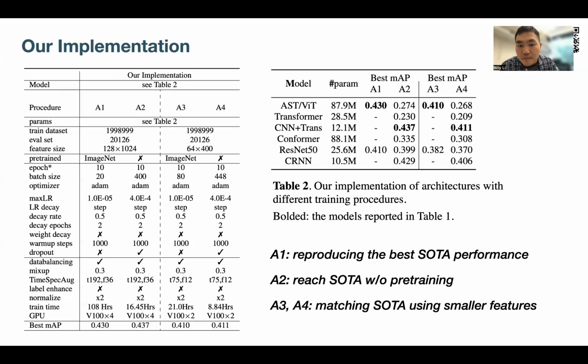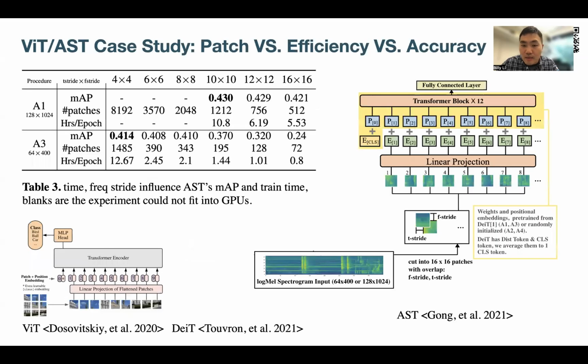The convolutional recurrent network still stays very competitive. The performance gap between that and the ViT models is not very huge. These are rather astonishing, counterintuitive findings that we observed in our experiment. You can see more details in our open source code repository.